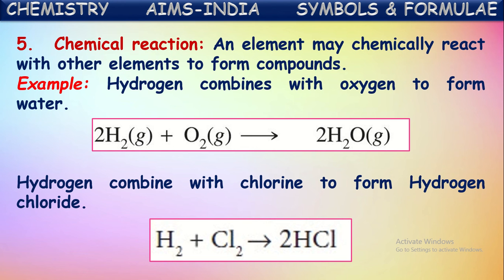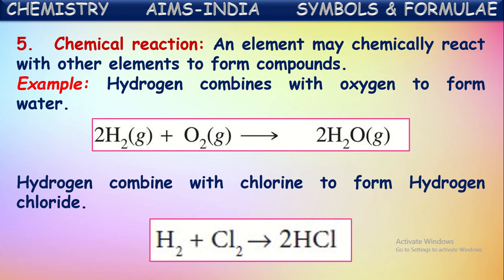This is about chemical reaction. So elements participate in chemical reactions to form compounds. Elements sometimes combine themselves to form molecules, and sometimes combine with other elements to form compounds. So these are the characteristics of elements.